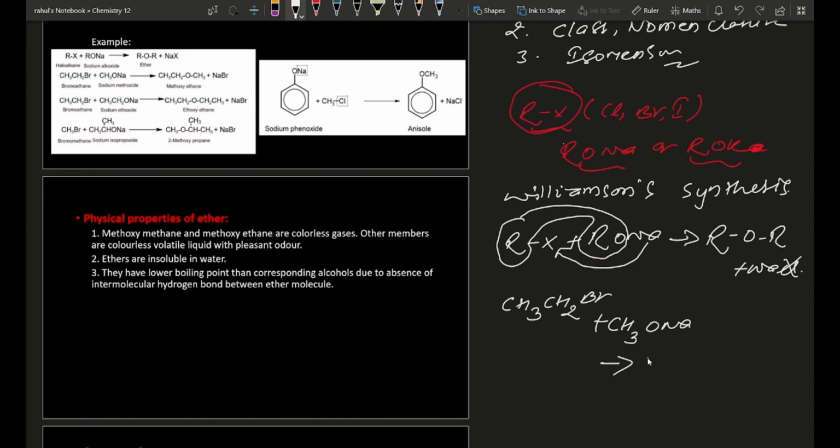So it will give CH3CH2 from this, then oxygen and CH3, plus NaBr. हेर्न सक्छौ this CH3CH2 and from here this CH3ONa is this. So remaining Na and Br form NaBr. So this is the general example of Williamson synthesis reaction.